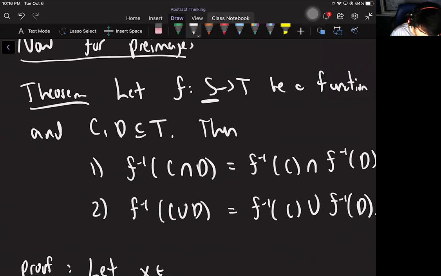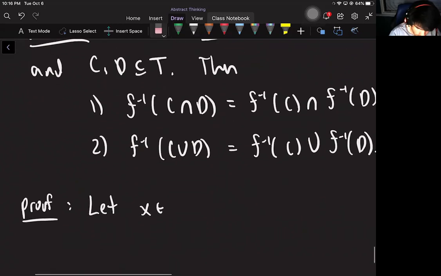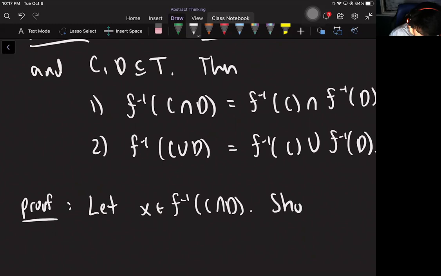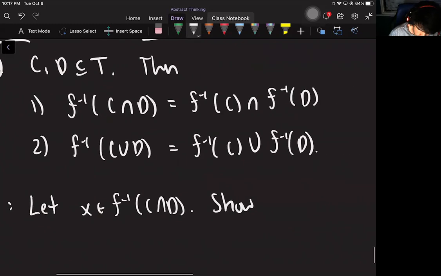So they started off with things in T and then we looked at where they came from. So now we're back in S. So because we are in S, I'm gonna call my elements X and I'm gonna let X be something in this pre-image. Then I'm gonna show that X is in the other one as a result.